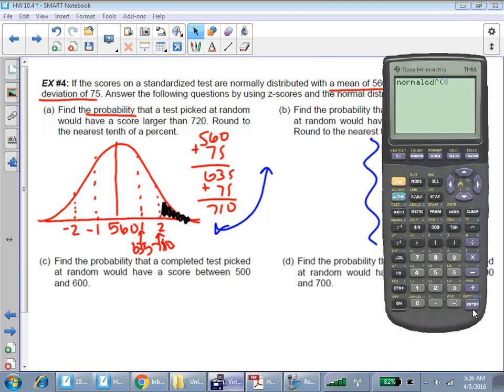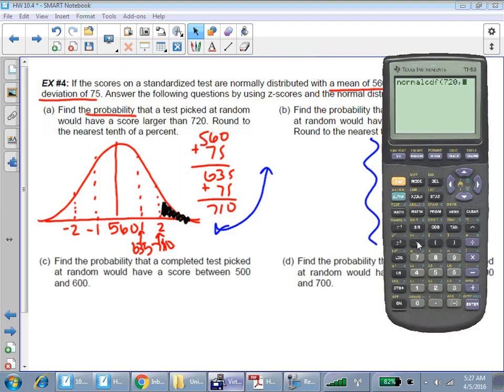So it said that a test picked at random would have a score larger than 720. So think for a second. Is 720 the highest number or the lowest number? If it has to be larger than 720, then that means 720 is the smallest number. It's the lower bound. So for lower bound, I'm going to put my 720 in.